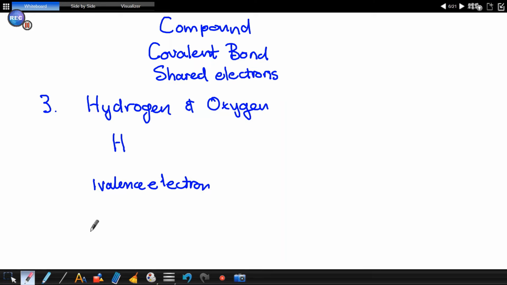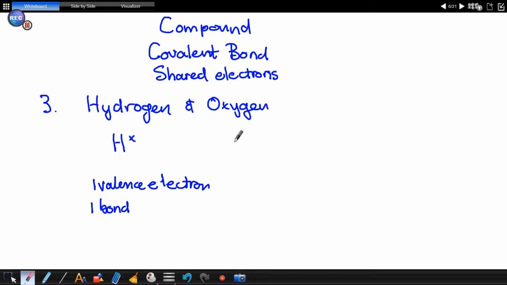And how many bonds can it form? If it's got 1 electron to share, it can form 1 bond.